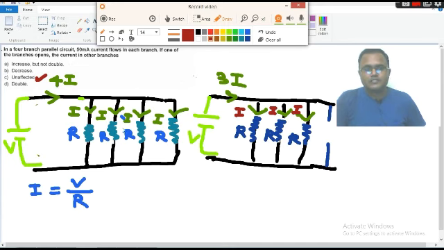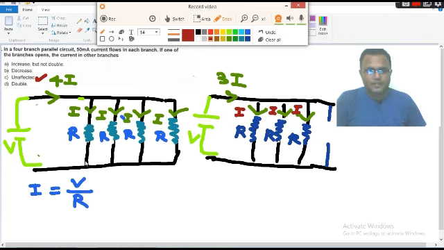All these resistors are connected in parallel, so the voltage across each and every resistor is constant. The current is equal to voltage by resistance, so as the current and the voltage are equal, the resistance of each resistor is also equal.